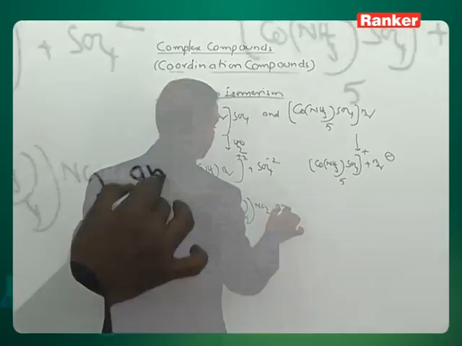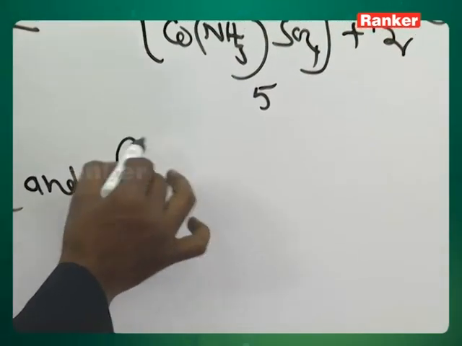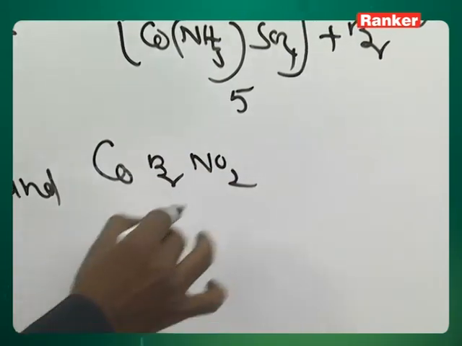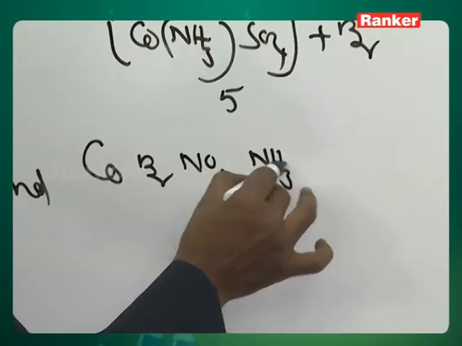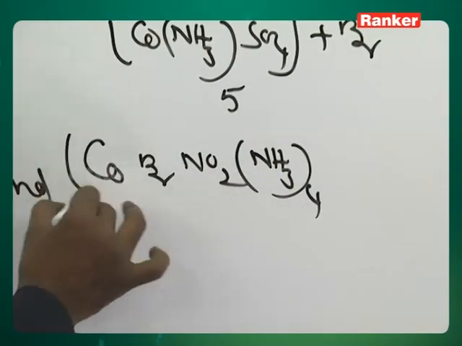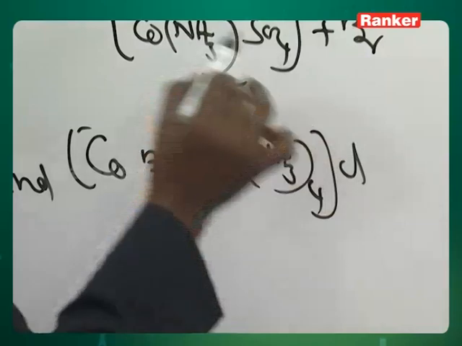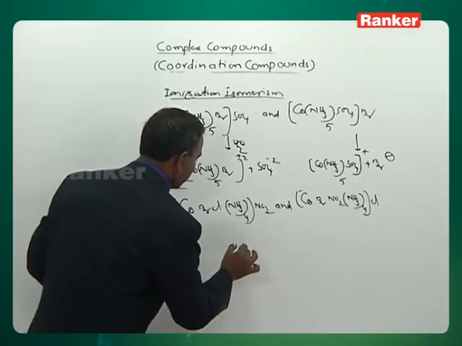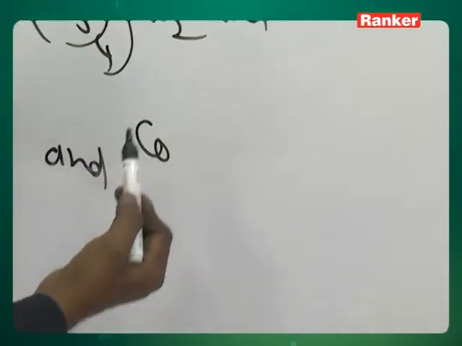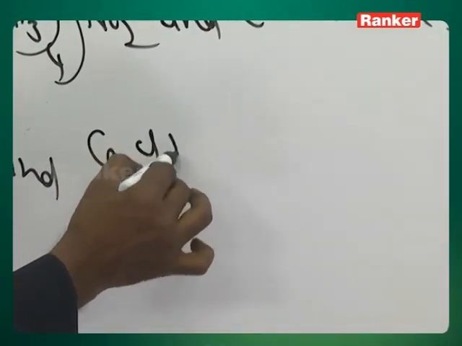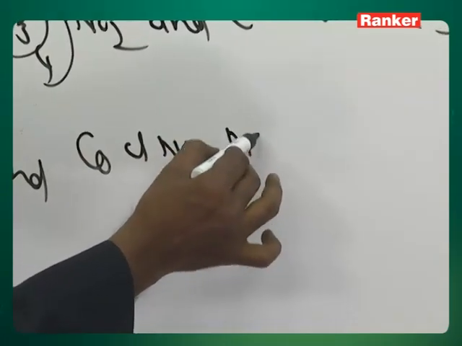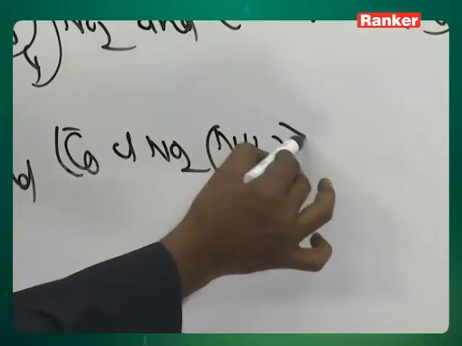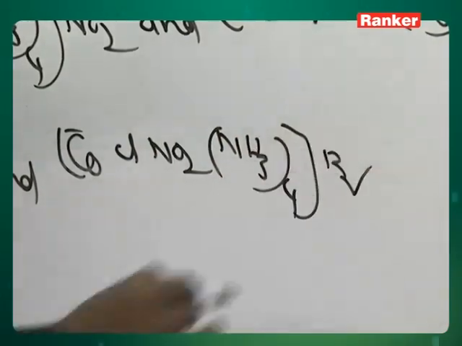Now, first exchange, second exchange. Look here: Co, Br, NO2 comes inside with NH3 taken 4 times, and Cl is outside. Now one more complex we can write: Co with Cl, NO2, NH3 taken 4 times, with bromide outside.